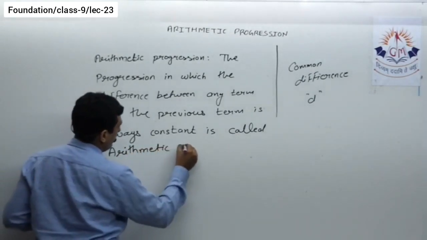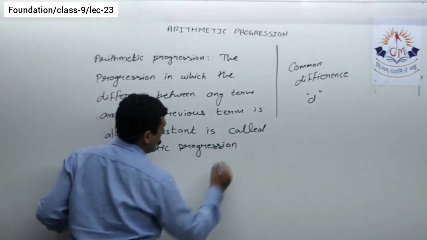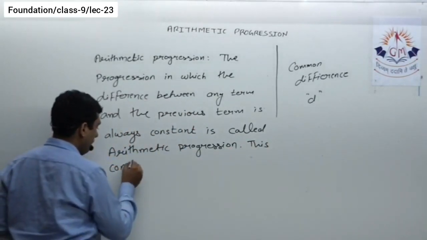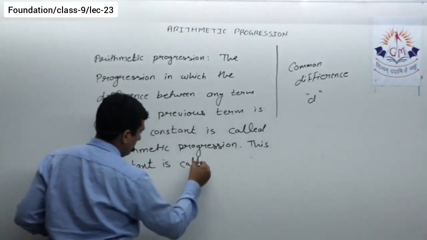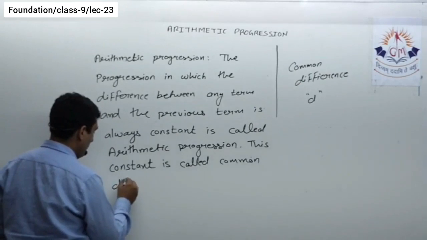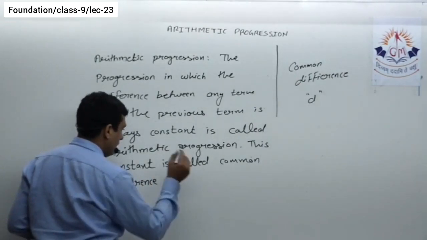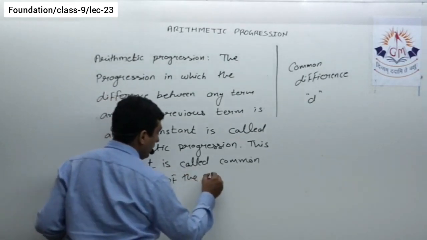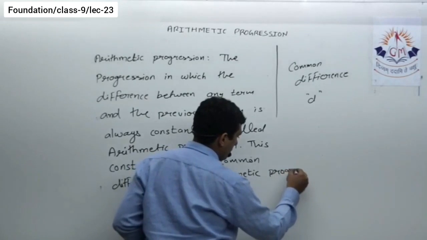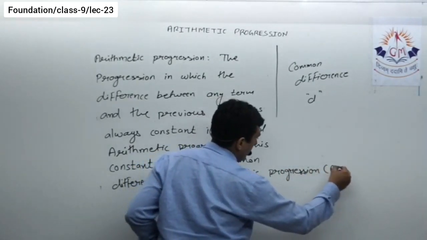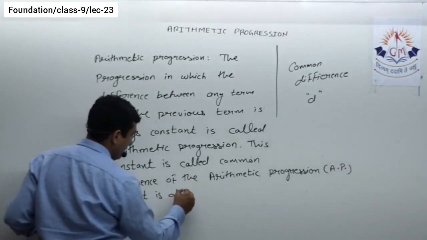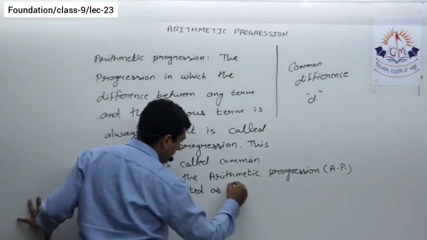is called the arithmetic progression. This constant is called the common difference of the arithmetic progression, that is AP, and it is denoted as small d.